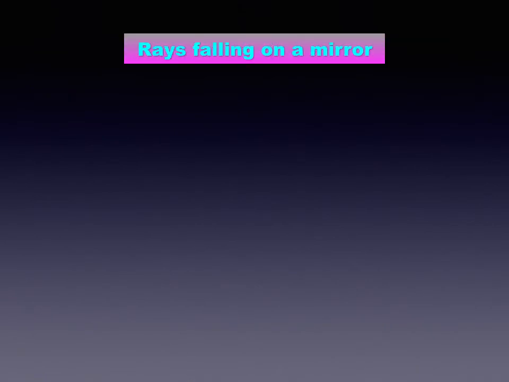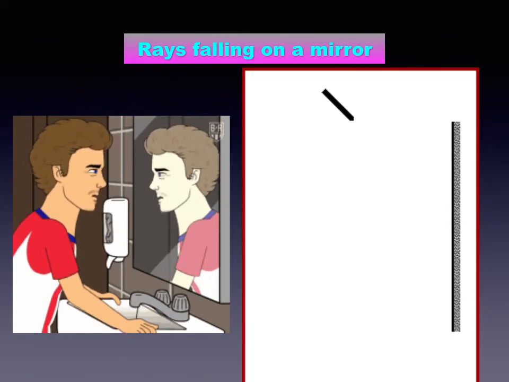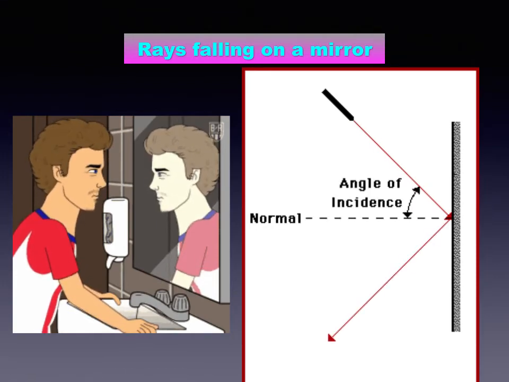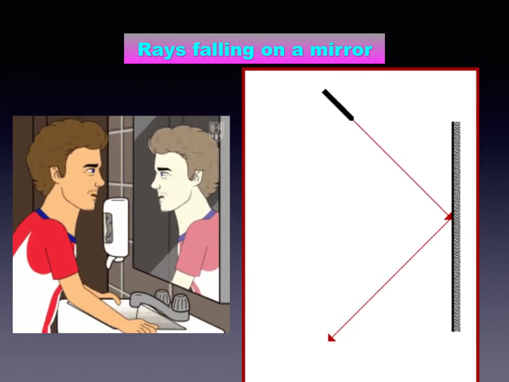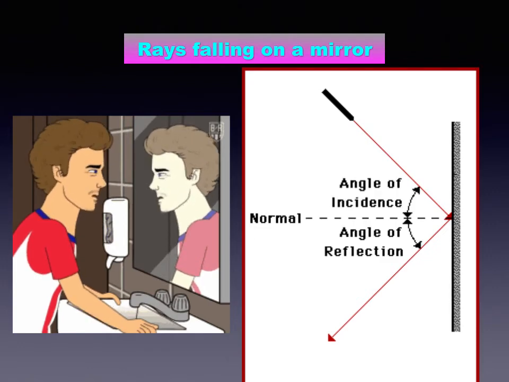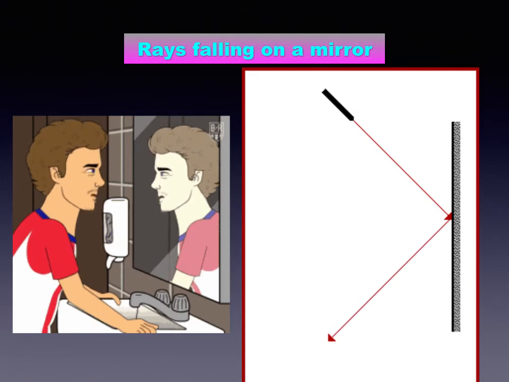We see a clear image of ourselves when we stand in front of a mirror in our house. Now in this figure, you can see the light rays falling perpendicularly on the mirror are reflected back in the perpendicular direction. So it is called the laws of reflection of light.